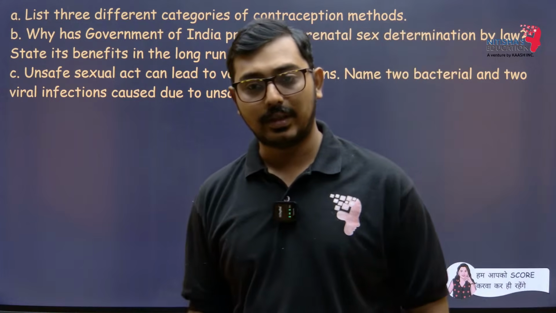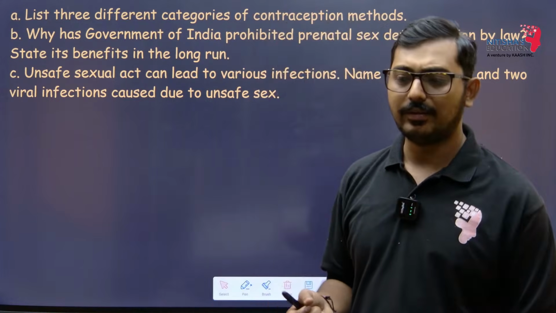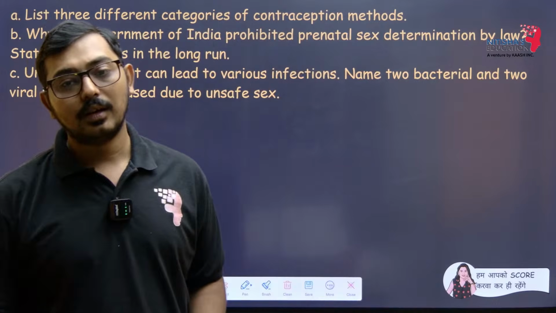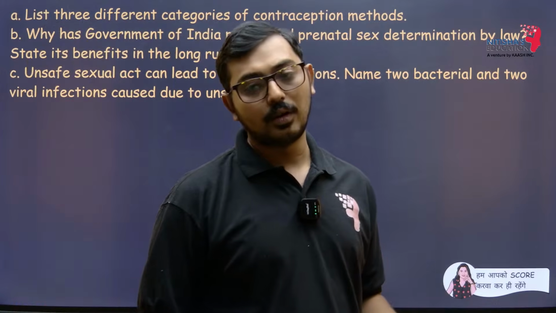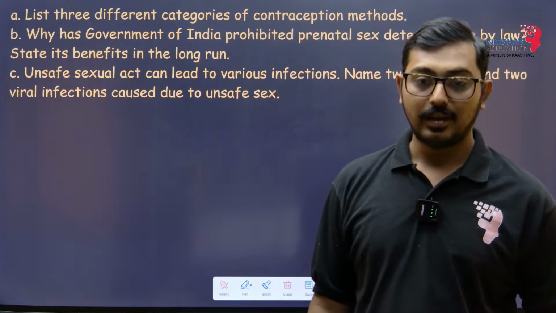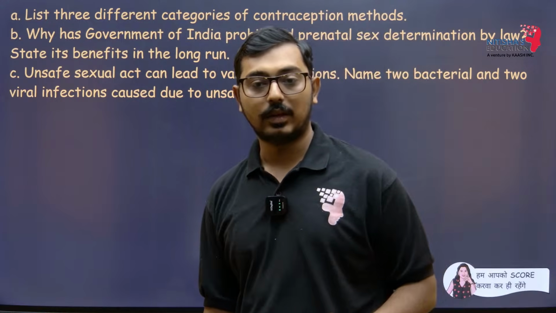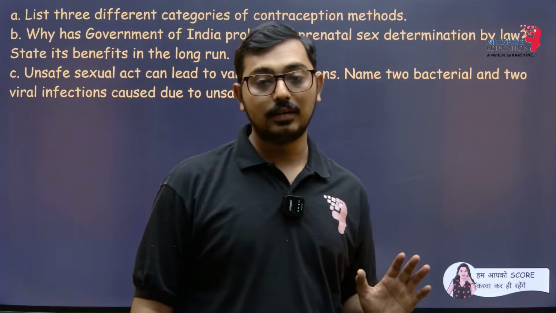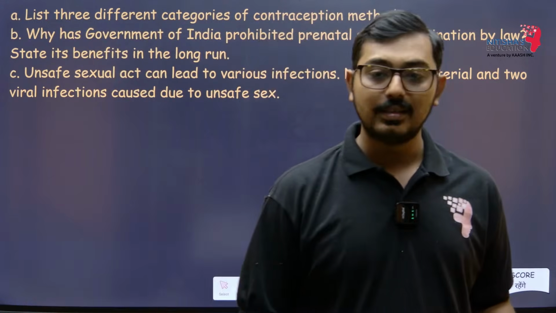Chemical methods are also there. Different kinds of pills are taken by women to stop fertilization or the release of the ovum into the canal. And for permanent stoppage, you can have surgical methods.